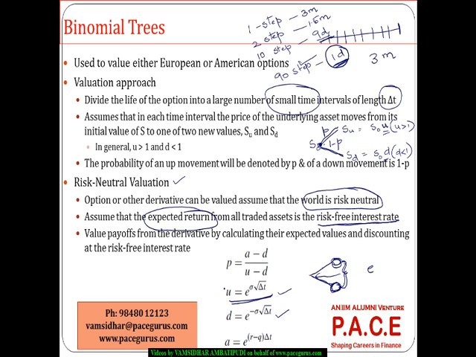Based on these two, we compute the probability of going up, which we take as (e to the power (r minus q) delta t minus d) divided by (u minus d). The term e to the power (r minus q) delta t we sometimes call a, and this is the formula we generally use to do the risk neutral valuation associated with the binomial tree model.